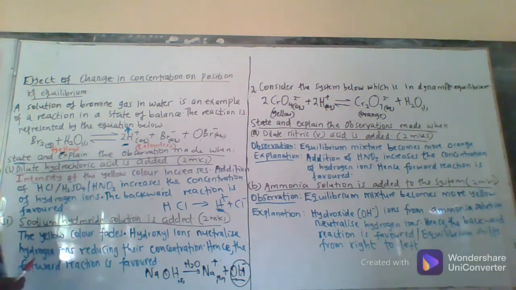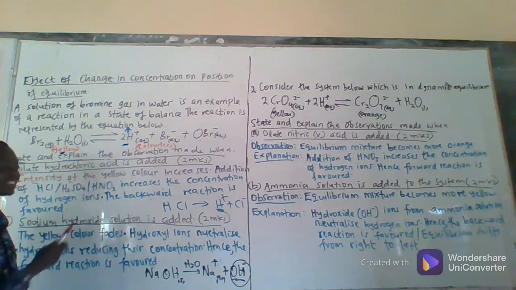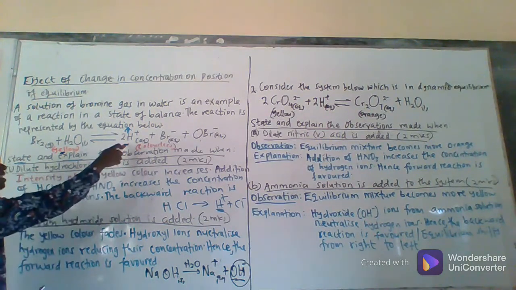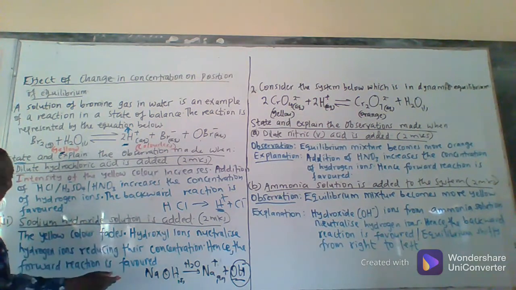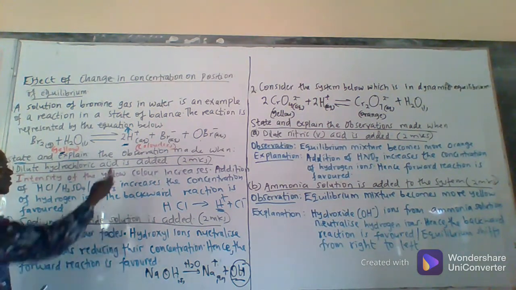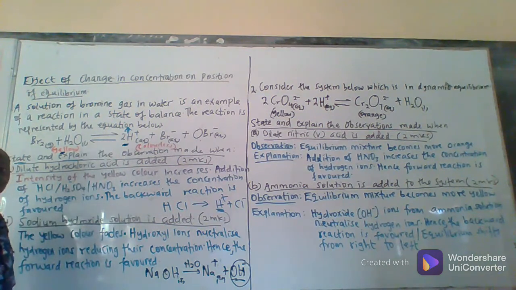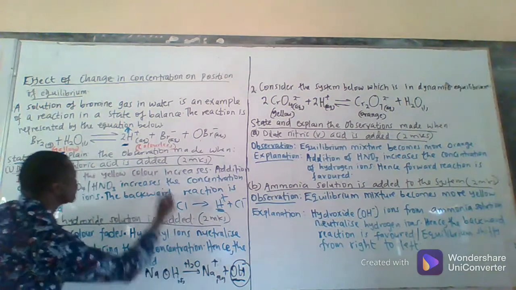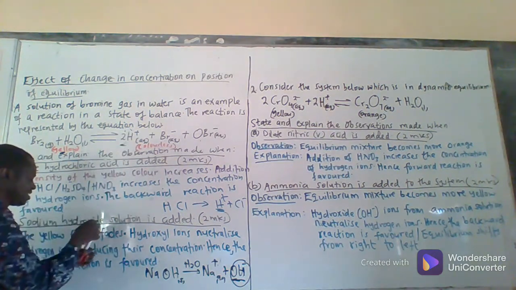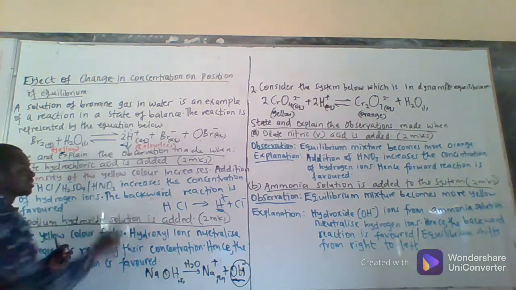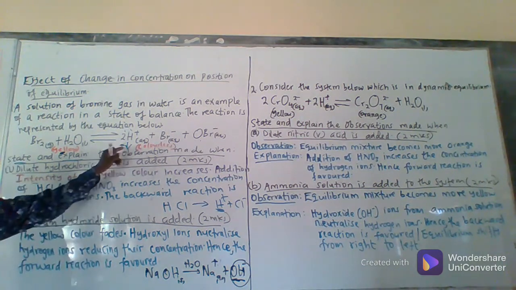So when you add sodium hydroxide solution to this system, it is like you are reducing the concentration of hydrogen ions, because the hydroxide ions in sodium hydroxide are going to react with hydrogen ions to form water. They're going to reduce the concentration of hydrogen ions.